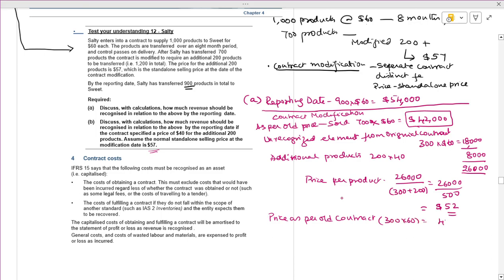Then the price as per the new extension contract: for the new products, 200 times 52, the price per product we calculated, comes to 10,400. The total will be 52,400.